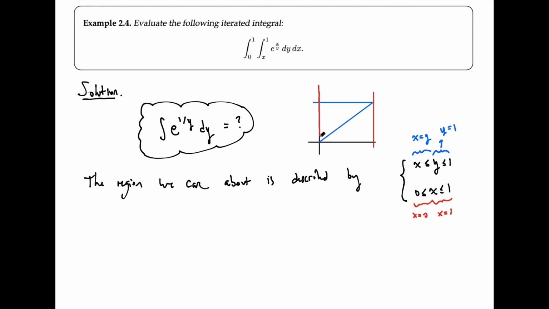which is the y-axis. So the region we care about is bounded by these two blue lines and these two red lines. Because y is above x and below 1, that tells us that the region we care about is this triangle right here. So this is the region we want to redescribe in order to change the bounds.